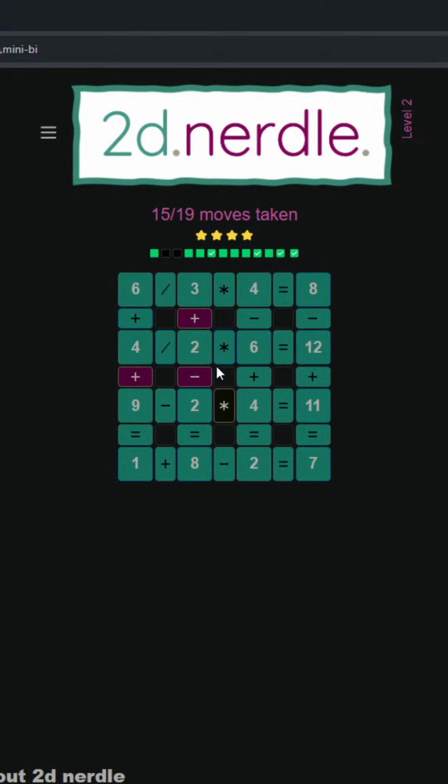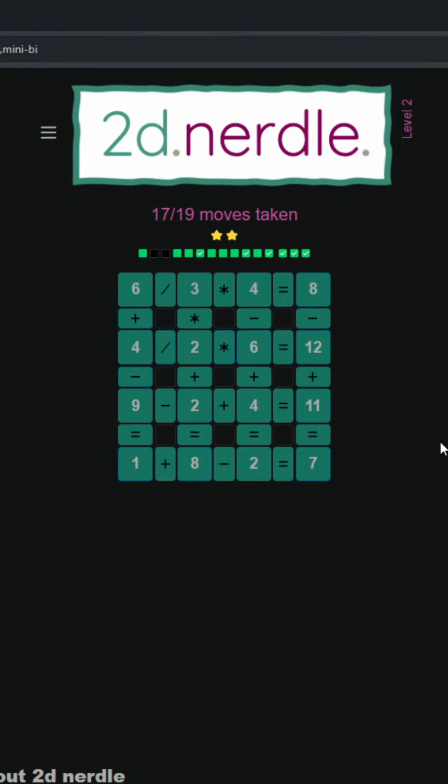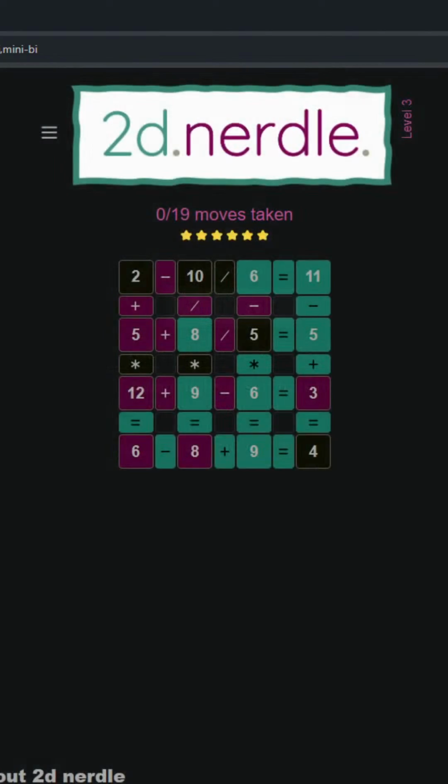Let's do something like that. 6 plus 4 minus 9. We're on the last swap. This multiplication and that addition. And we have solved level 2 of 2D Nerdle. On to level 3, which is the hardest one. We will make it through, my brothers. We will make it through.